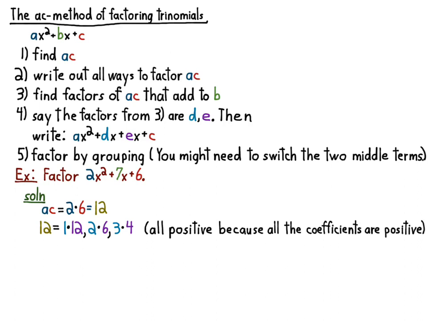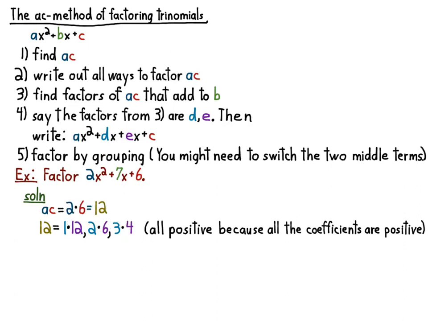You could also write out -1 times -12, -2 times -6, -3 times -4. But once you practice a bit, you notice that the middle term's positive. Everything's positive, so everything here has to be positive. So on this one, I'm not going to worry about the negatives. If there were any negatives here, maybe I'd write out the negative possibilities too.